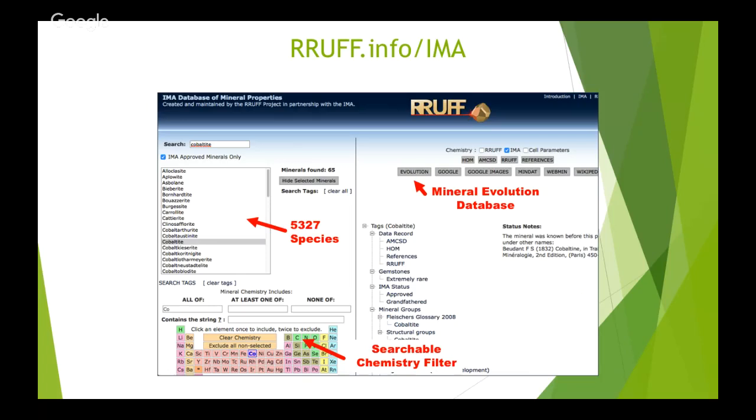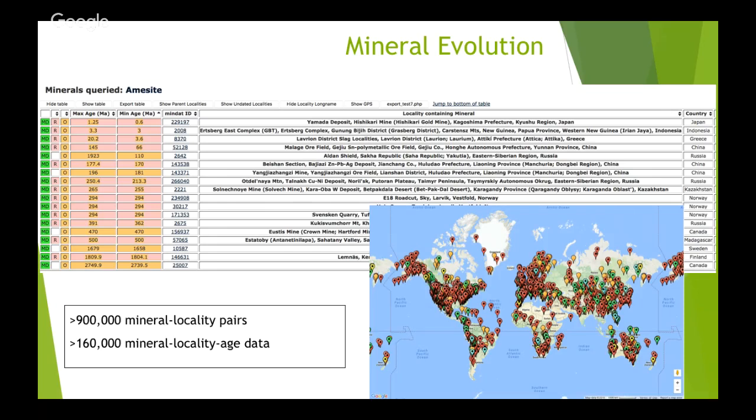When you click that button, it takes you to the MED, which contains the ages of these minerals, which have been painstakingly rescued or extracted in a mostly manual sense by Josh Golden, who works at the University of Arizona.